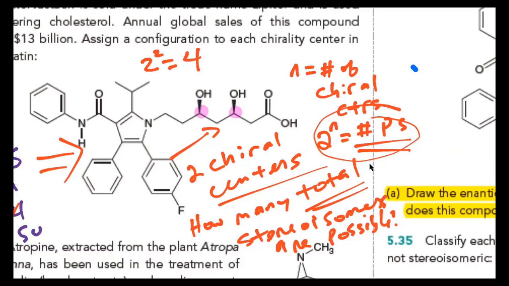Enantiomer. So the enantiomer is another stereoisomer. That's 2 out of 4. This one plus the mirror image, that's 2 stereoisomers. I have 2 more that I can make.